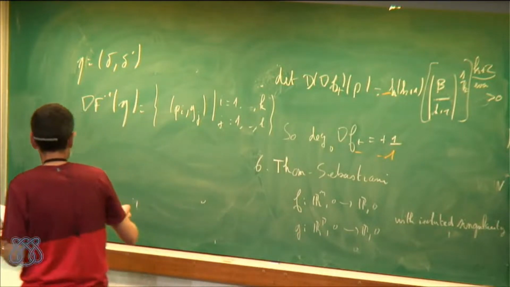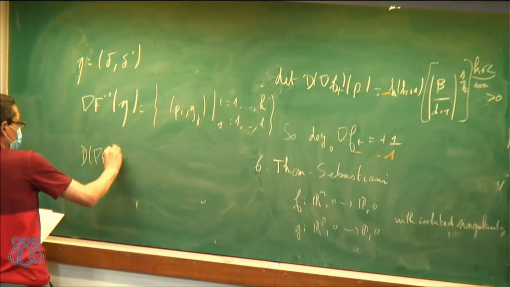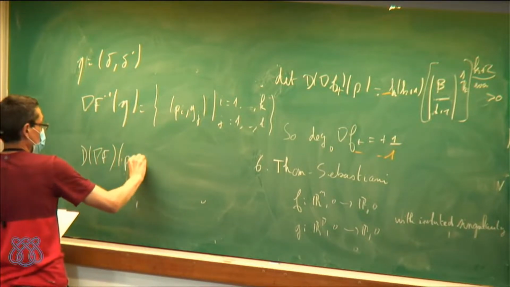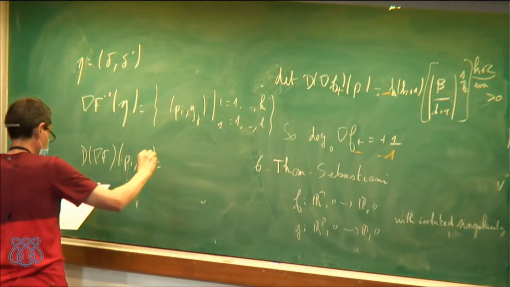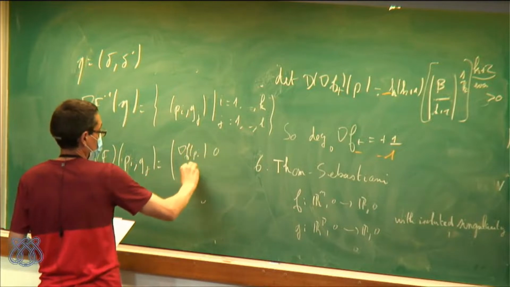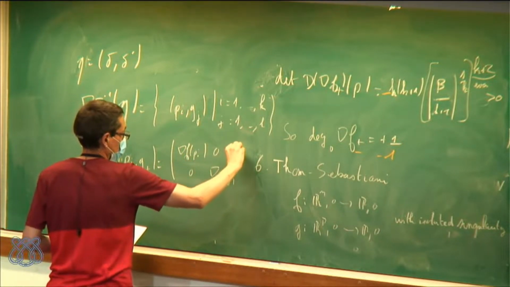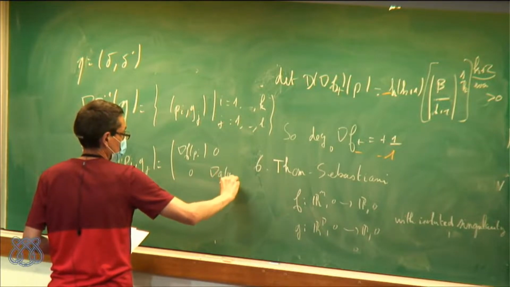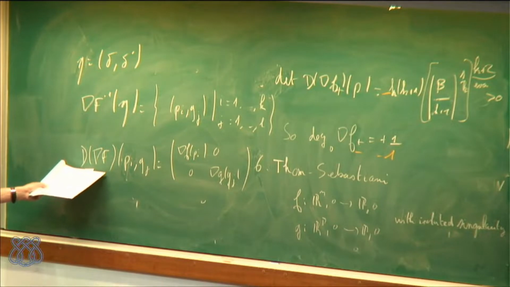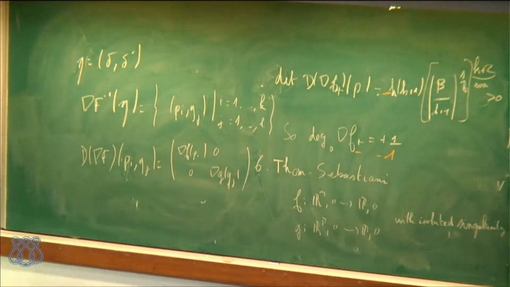And then you look at the determinant of the gradient of capital F at Pi, Qj, and you see that this is just a block matrix. Okay, so you have the sign. The sign of the differential is just the product of the signs.